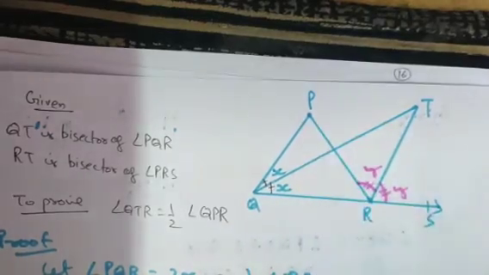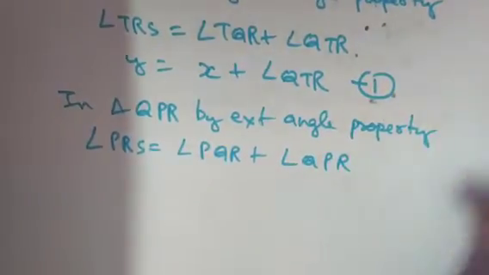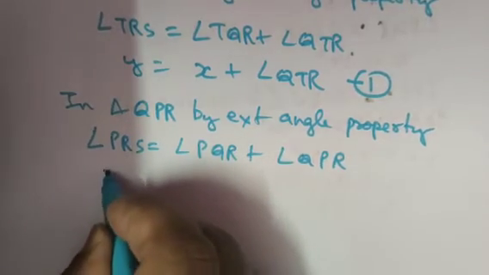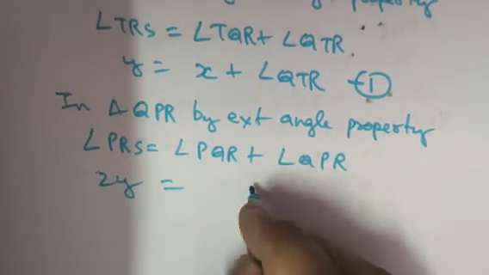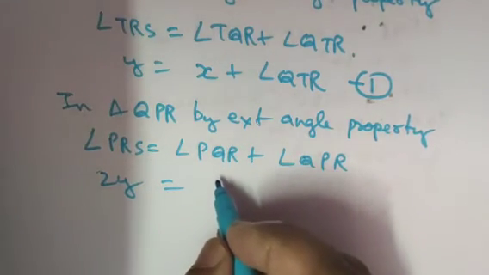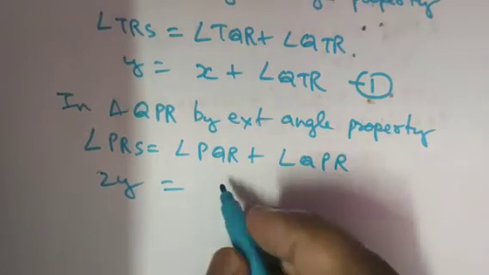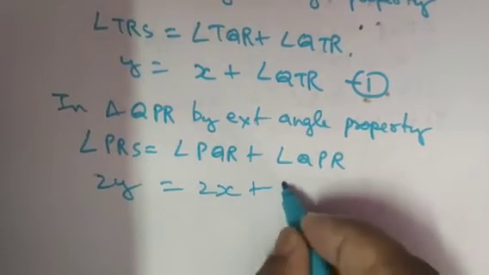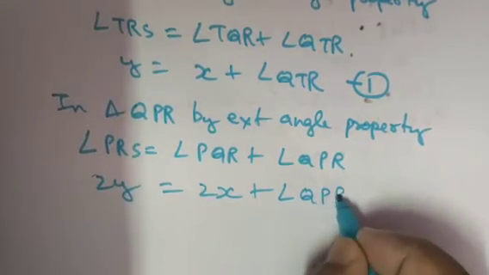So angle PRS we can write as 2y equals angle PQR, which is 2x, plus angle QPR.